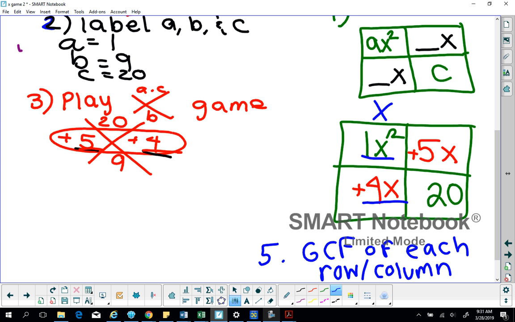And the GCF of 1 and 4 is 1, right? So I just can put x right there, or 1x. Then I look right here. What goes into both 5 and 20? 5, right? Then I do the same thing this way. What is both in x squared and 5x?